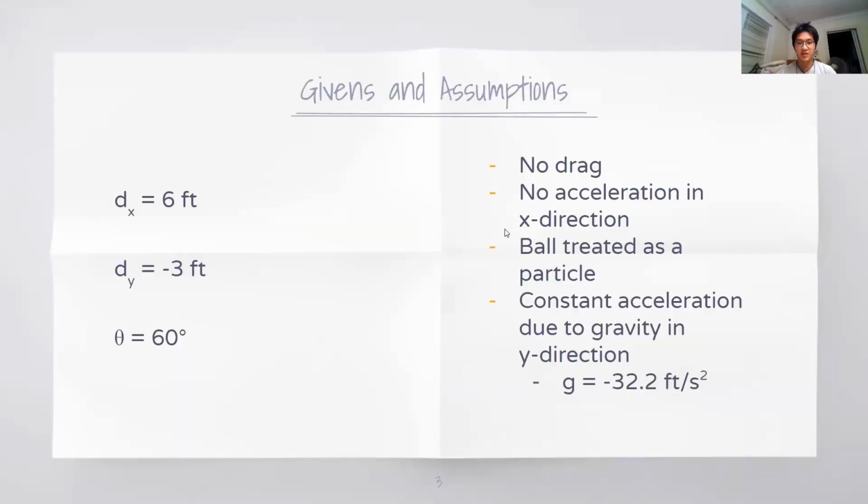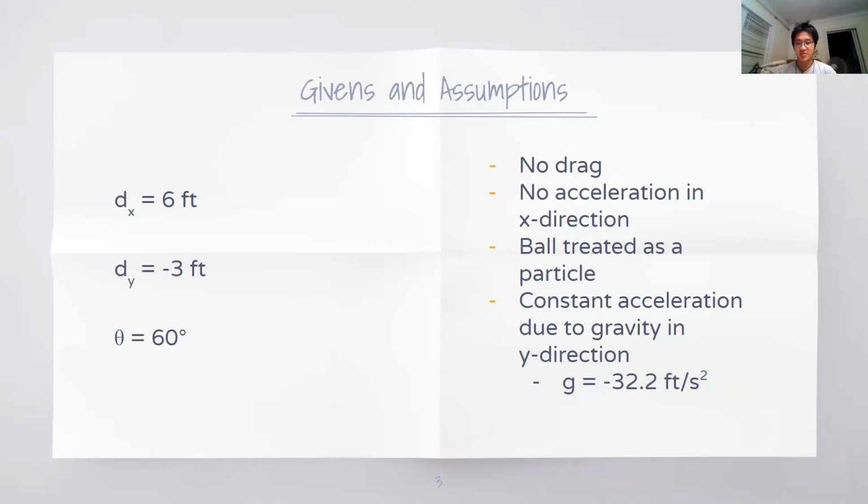And then here are our givens and assumptions. So for our measurements, we're given that the distance in X, it travels 6 feet, and the distance in Y will be -3 feet, and our theta is 60 degrees. And with any engineering problem, we need to assume that we have no drag, we have no acceleration in the X direction. So whatever initial velocity we're given in the X direction will be the final X direction velocity, as there's no resistance in the X direction or any acceleration to make the ball speed up or slow down in the X direction.